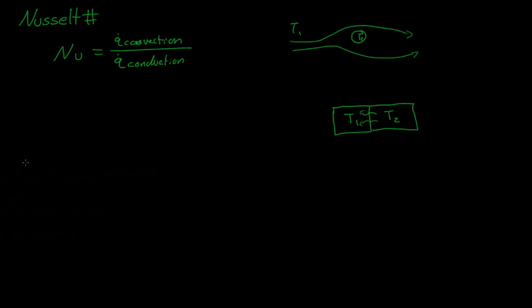It's just they're stationary, and the only thing that is transferring is heat. So how do you calculate Q convection? So Q dot convection is equal to H times delta T. And remember, H is the convection heat transfer coefficient.